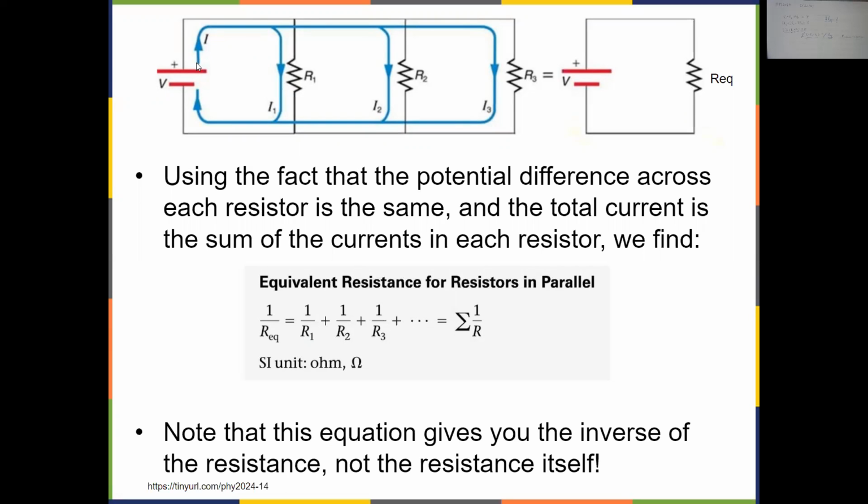The current going out of the battery splits into three branches: I1 on R1, I2 on R2, I3 on R3. Combined, I1 plus I2 plus I3 should equal the overall current going through the battery.